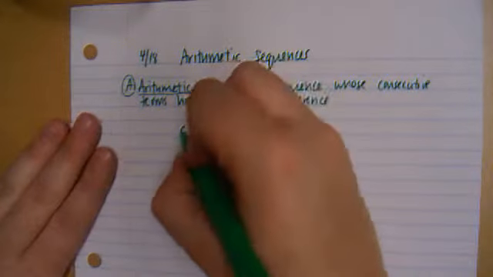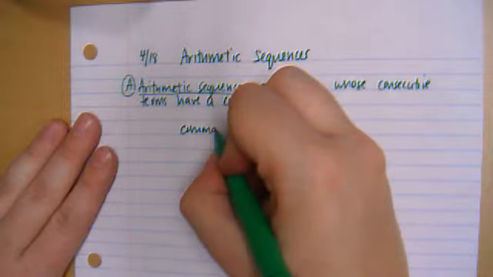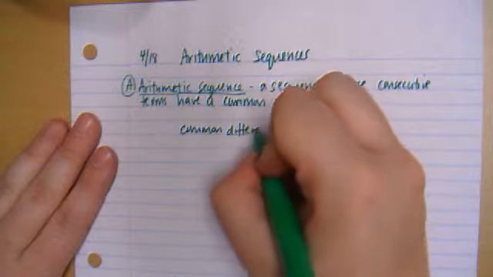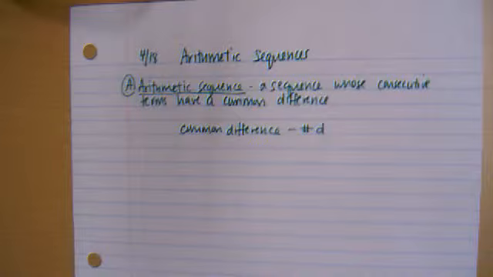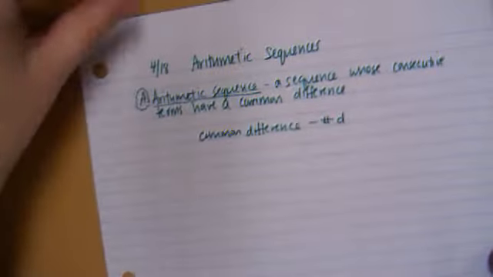Okay, the common difference is represented by the number d, so whatever that is. So if it changes by 3 each time, then the d would equal 3. That would be your common difference.